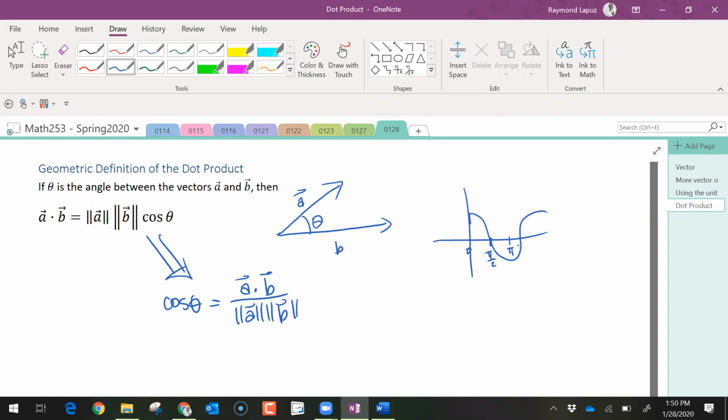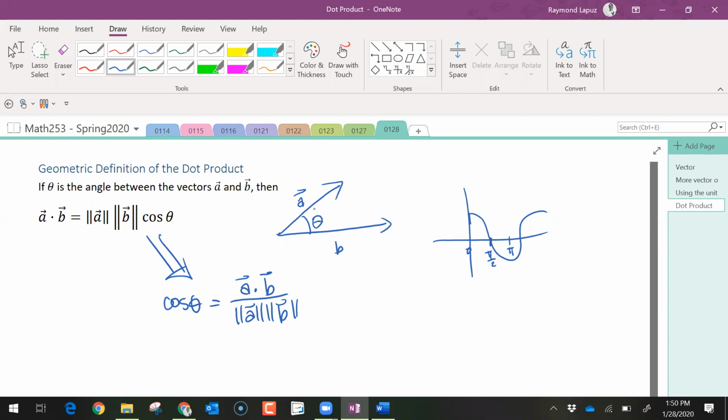So if your angle is an acute angle, it's positive. From pi over 2 to pi, it's negative. And if you go past pi, it'll be negative and positive. But if you imagine your angle between 2 vectors, if you go past pi, then that means there's another angle on the other side that's representing the same thing.